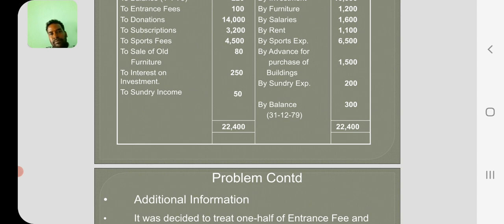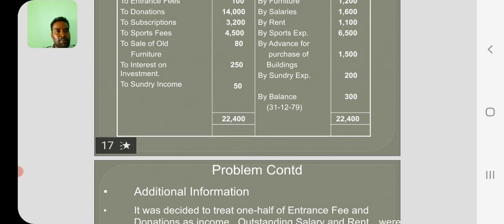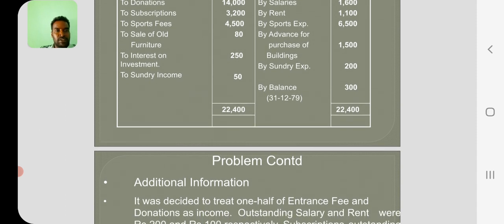Sports equipment, capital expenditure. Balance sheet, not posted in income and expenditure. Advance for purchase of buildings, balance sheet. Sundry expenses, the revenue item, should be recorded in the income and expenditure account. Closing balance is not recorded in the income and expenditure account.